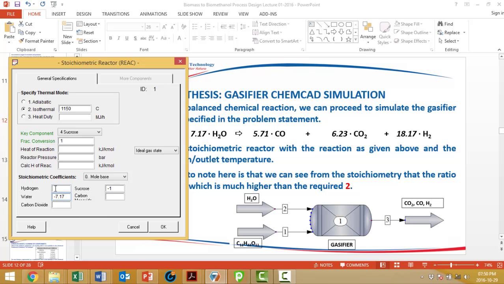It's a reactant, it gets consumed. Hydrogen is 18.17. Carbon dioxide is 6.23, and carbon monoxide is 5.71. Remember, I made a big deal about this being rounded off to 2 decimal places, and Chemcad may give us problems when we need to solve this, depending on the accuracy and if these numbers balance according to the mole balance. We will see if that holds, but at this point we can proceed.